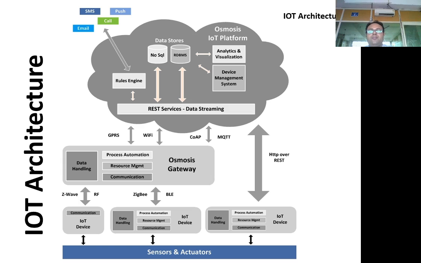So let us start with the basic architecture of IoT. There are different phases of IoT. Let us divide this figure into three phases. You can see the first phase, the bottom phase, that starts with sensor and actuator. This part is called the hardware phase of the IoT architecture.